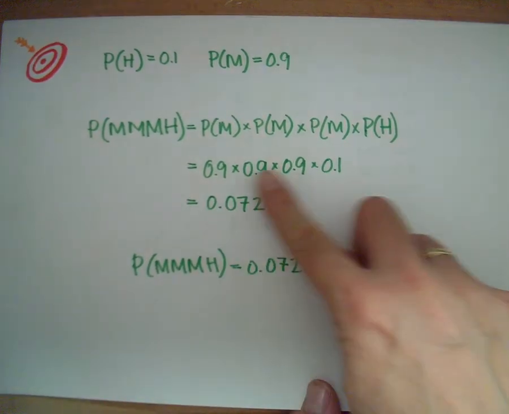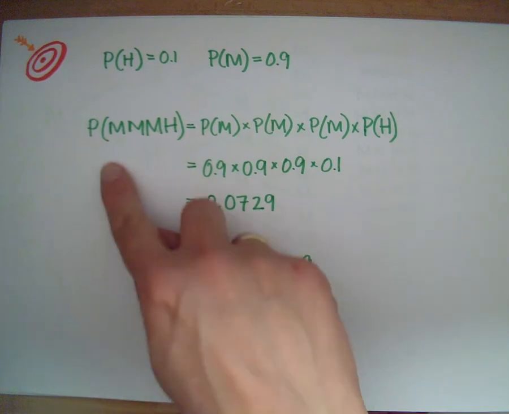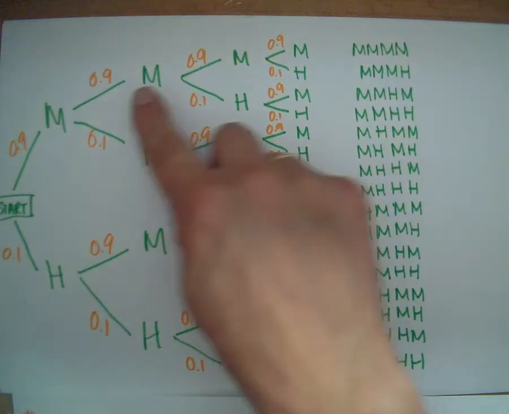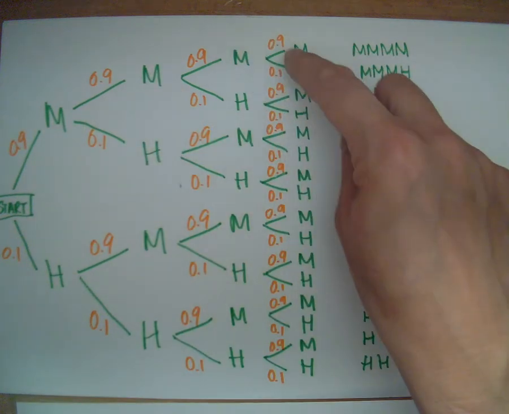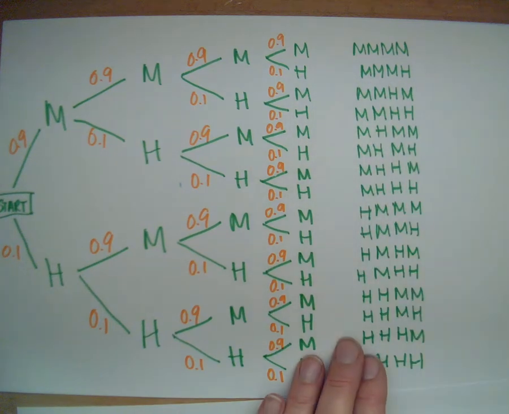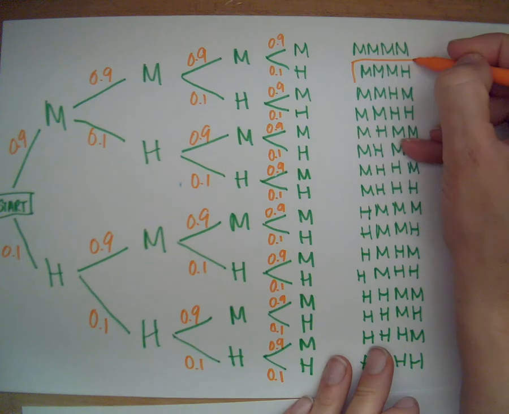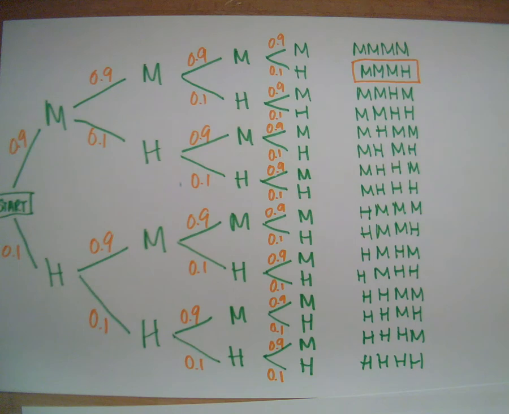I was imagining my way through the tree where I get first a miss, then a miss, then a miss, then a hit, right? Miss, miss, miss, hit. This one. Because there's only 1 out of 16, is it 16?